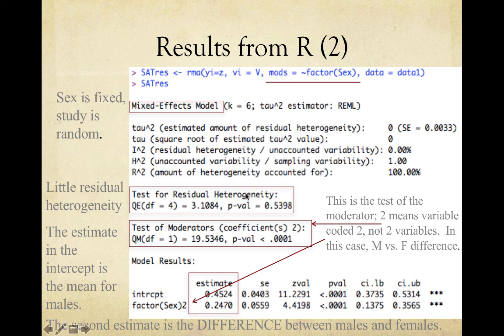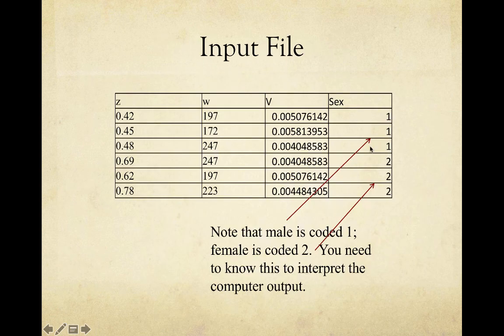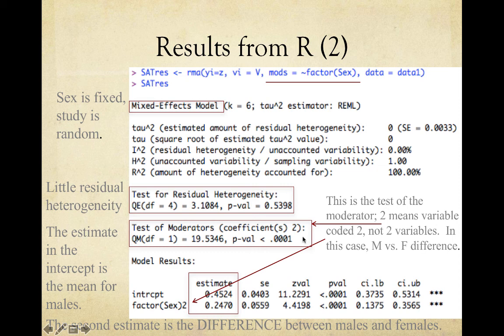It's being tested against 0, but not for the value that it has, but for the difference between the males and the females.